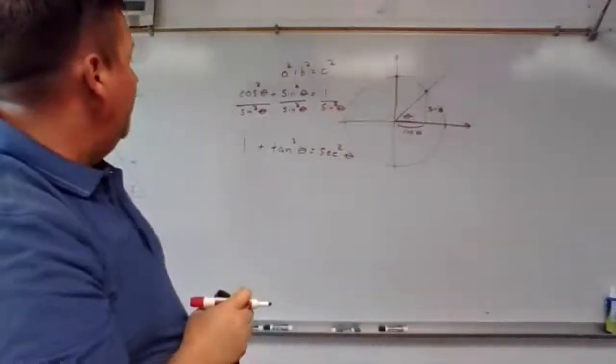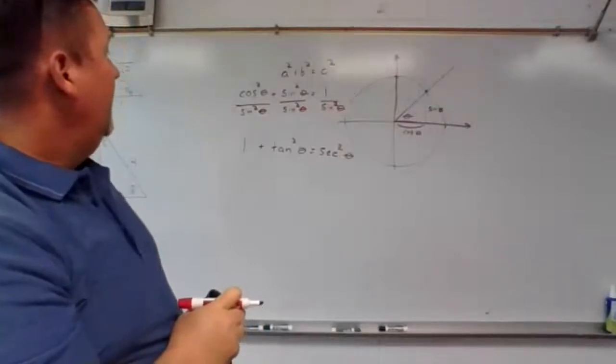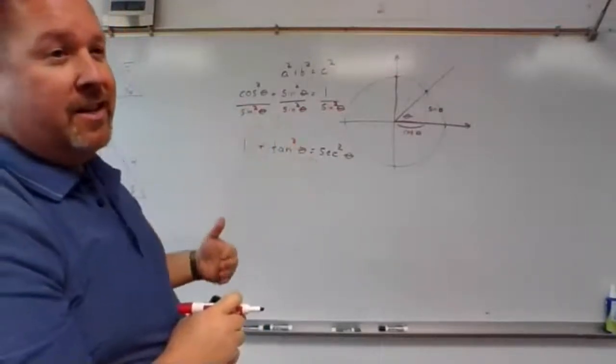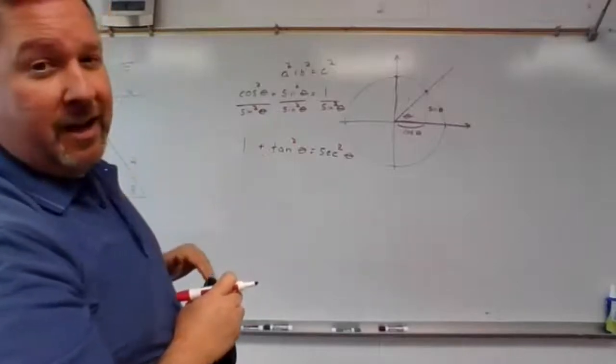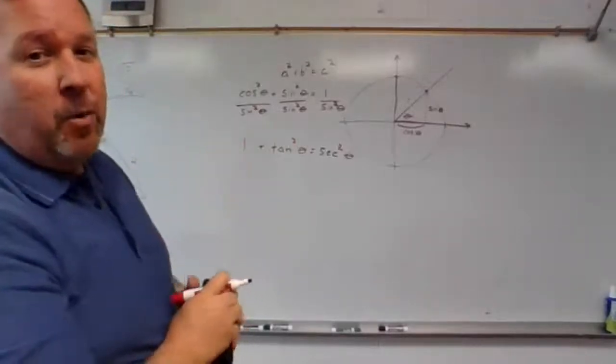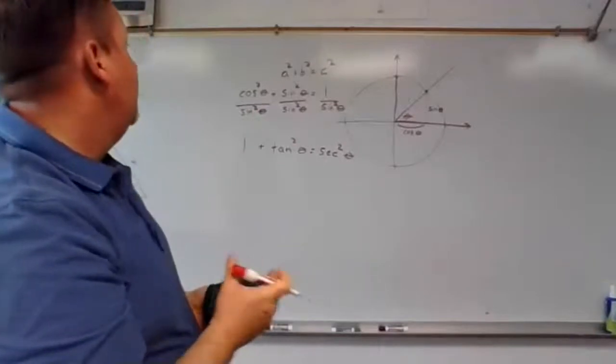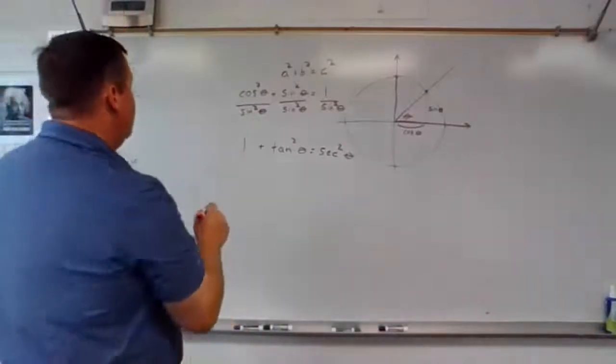Cosine squared theta divided by sine squared theta is cosine times cosine over sine times sine. And I could break that up into cosine over sine times cosine over sine. What is cosine over sine? That's cotangent.